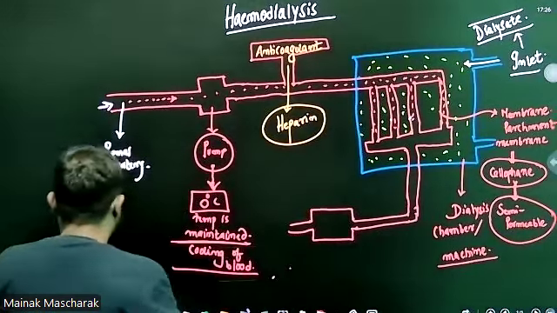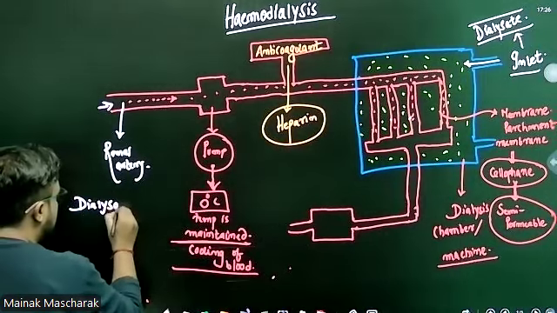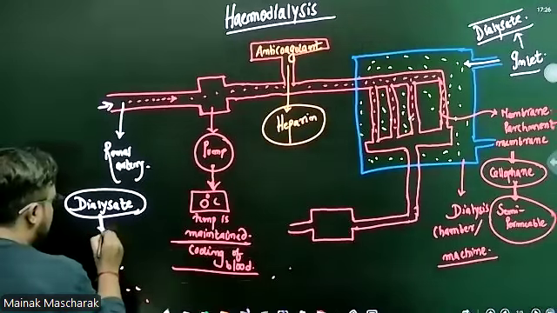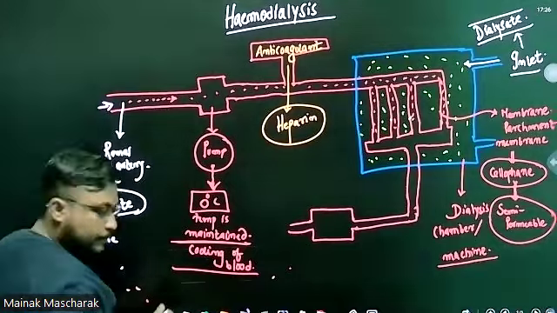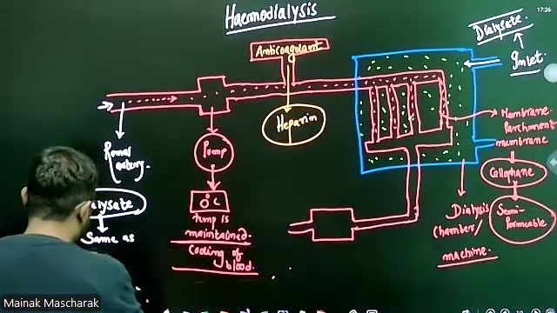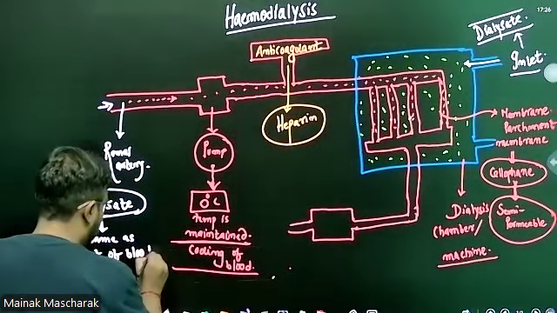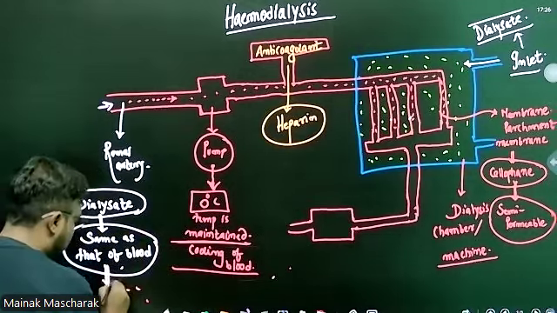Now, what is the characteristic of this dialysate fluid? The characteristic is that in terms of composition, it is the same as that of blood. Only certain changes are there.